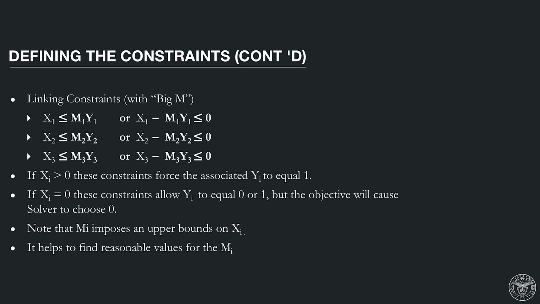For all those 3 products, we can have 3 equations. For product 1, we have x1 less or equal m1 times y1. We can also rewrite it as x1 minus m1 times y1 less or equal 0. Similarly, for product 2, we have x2 less or equal m2 times y2.